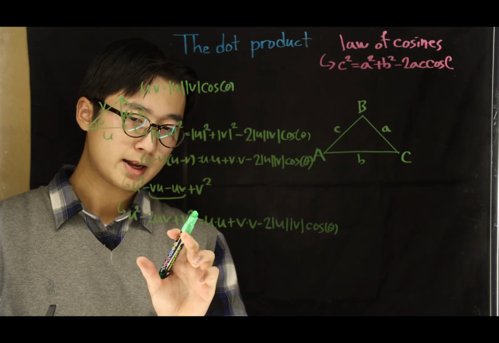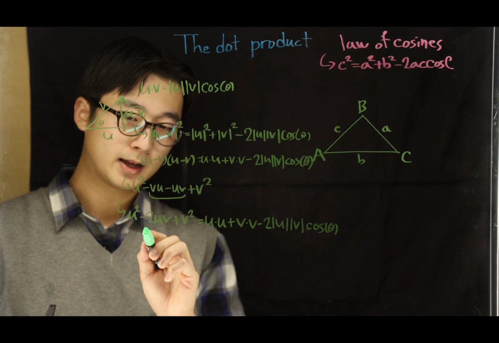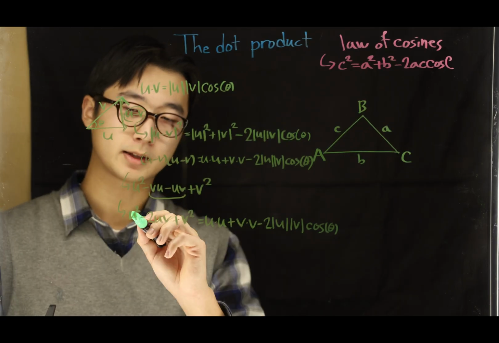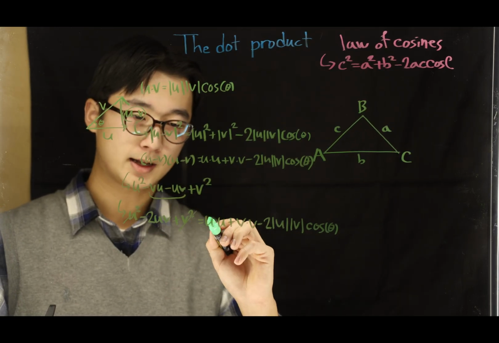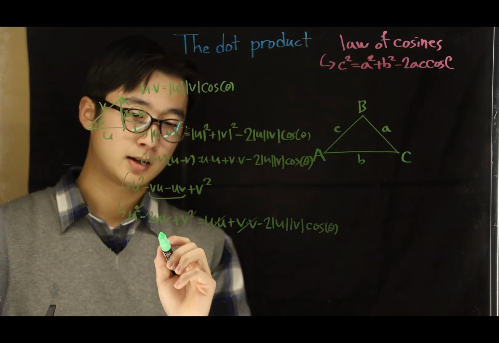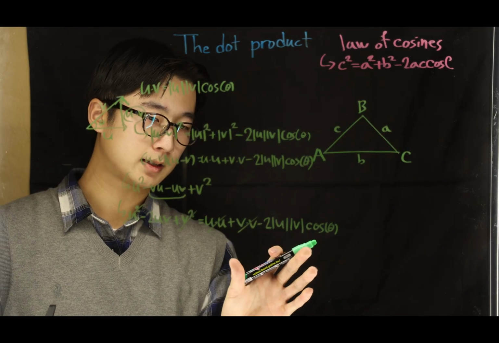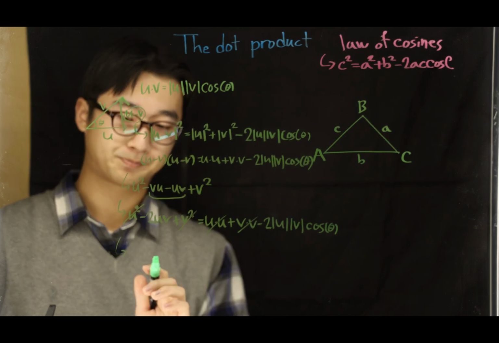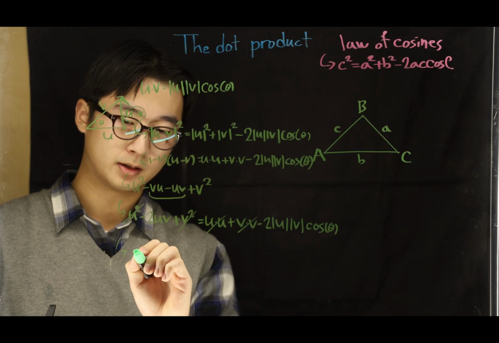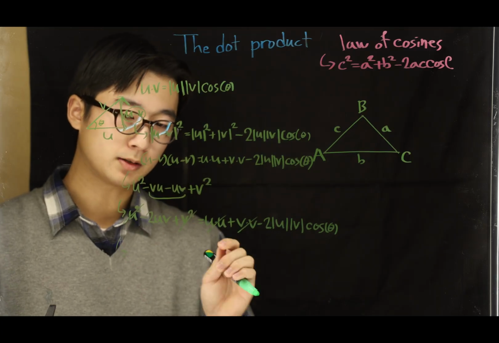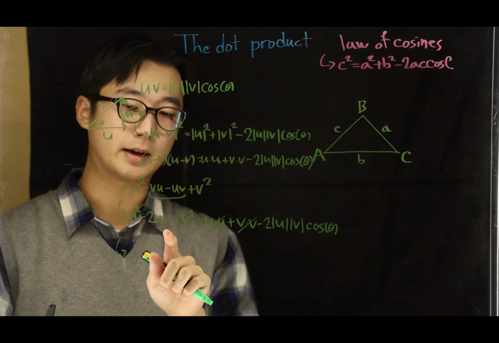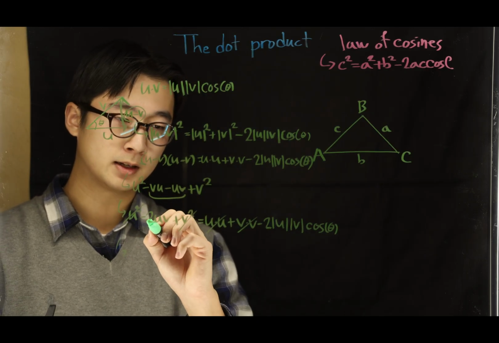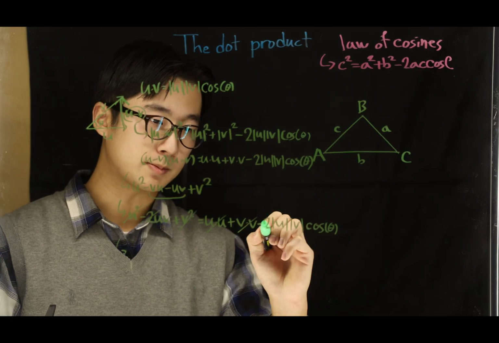As you may be able to see, u squared and v squared are just equal to u times u and v times v, so we can cancel them out. And let's see. So now we're almost done. We can also multiply both sides by negative 1 over 2. Then we can cancel these minus 2s.